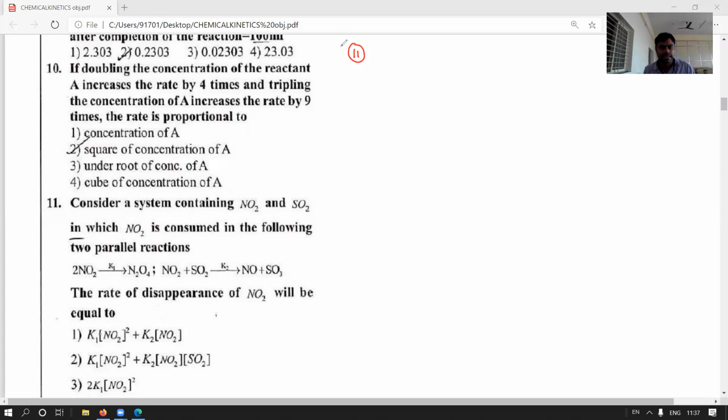Consider the system containing NO2 and SO2 in which NO2 is consumed in the following two parallel reactions. The first one is NO2 converted into N2O4. This is K1. Then the rate R1 is equal to K1 into the concentration of NO2 whole square.